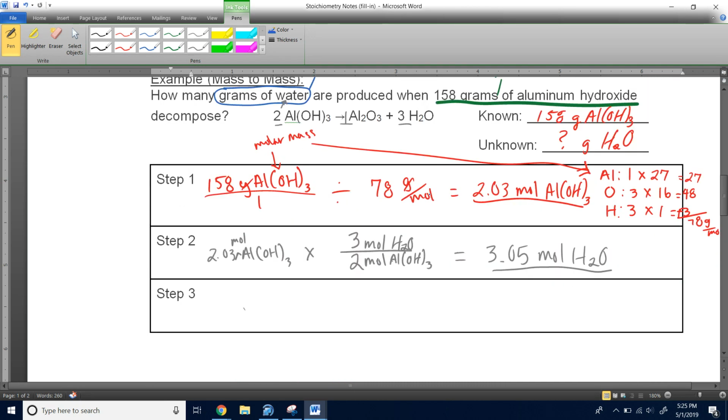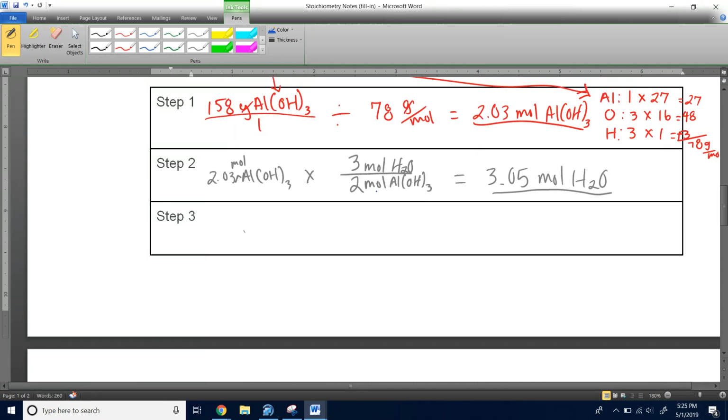Okay, so next, what we're going to do is we're going to take what's given. We're going to take 3.05 moles of water. We're going to have to divide it by our molar mass of water. Well, we haven't done that yet, so we have to get our molar mass. Same thing like how we did aluminum hydroxide. So what we do is we count all our atoms.